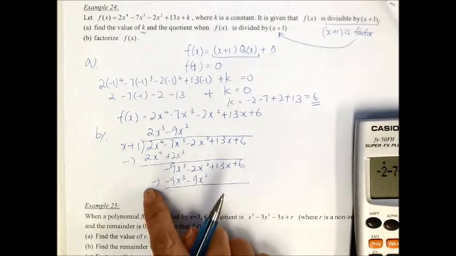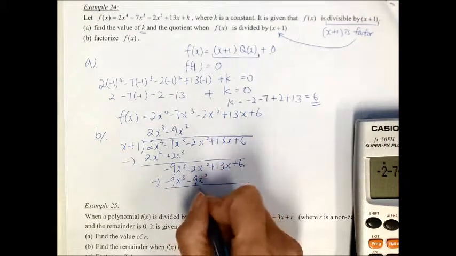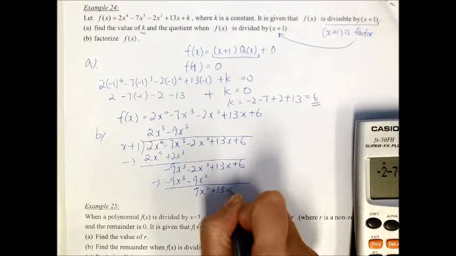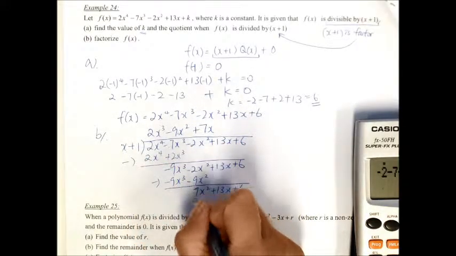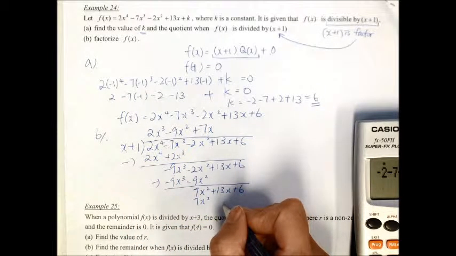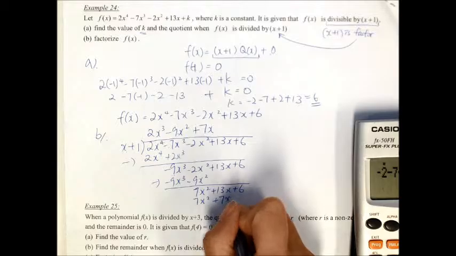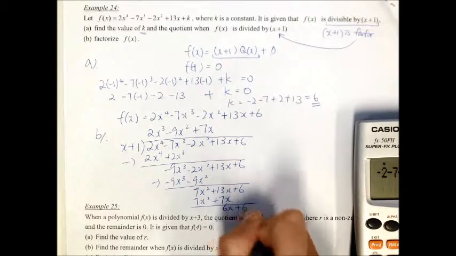Okay, -2 minus -9, it will be 7x squared. Getting there. 7x times x, 7x squared plus 7x, 6x plus 6.